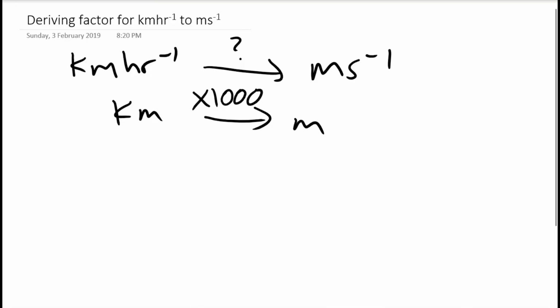But now we've got the hard part where we have to go from per hour to a per second. So we're going to start with hour and then we're going to convert to a second.